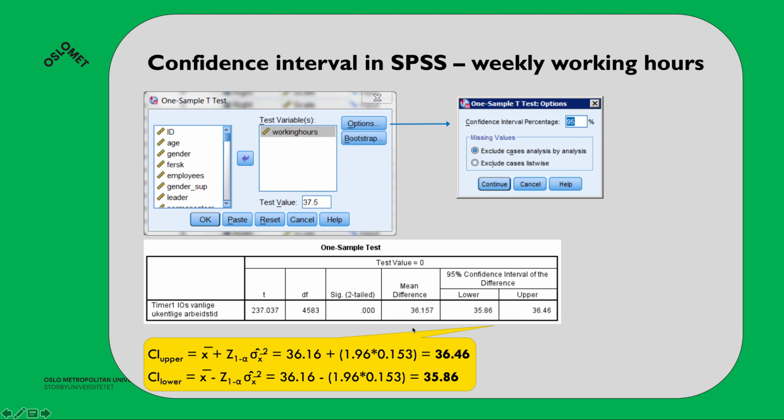We generalize this to the population, but we also tell that the 95% confidence interval is from 35.86 to 36.46, to be honest that this estimation is based on a sample and thus is uncertain.